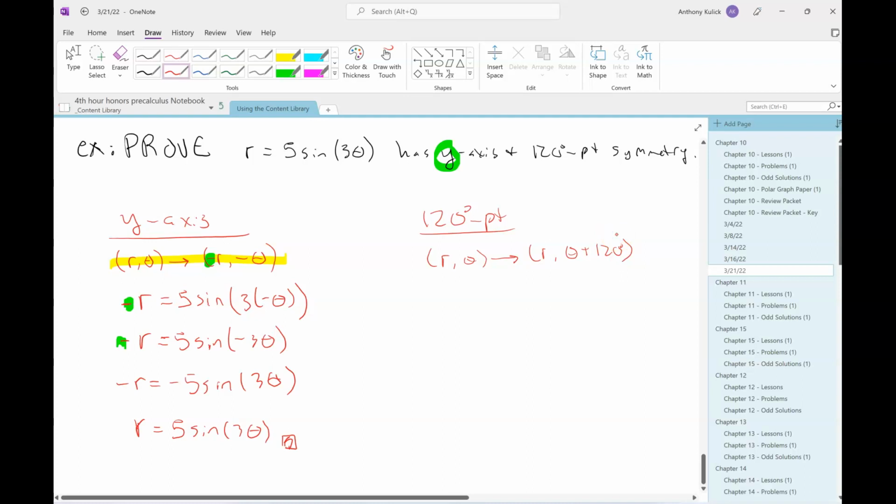So, to do the 120-degree point symmetry, the r is staying the same. But this time, my theta is going to be replaced with theta plus 120. We all okay?